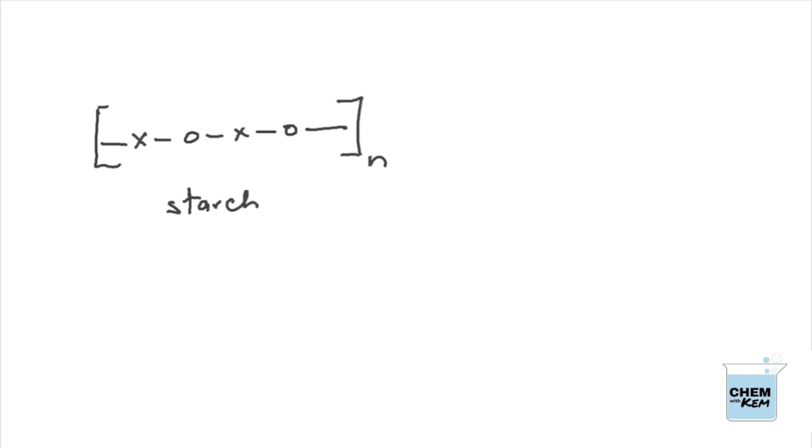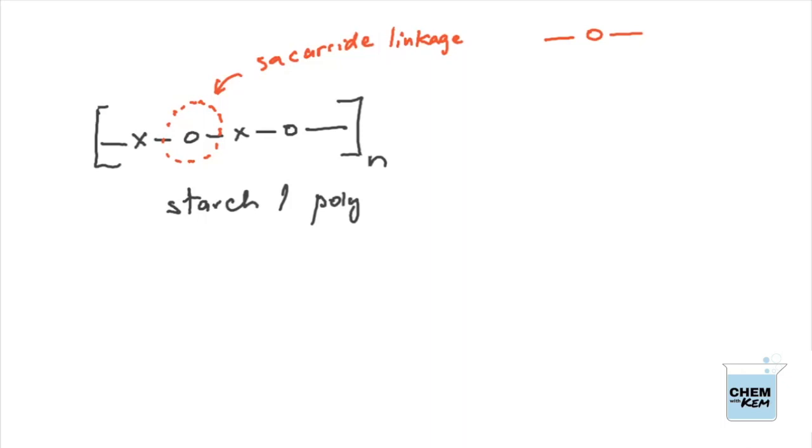In this case, it is a saccharide linkage. So we're going to circle it, and that's the saccharide linkage being represented right there. Okay, so this is our starch molecule, which is a polysaccharide. So we have many saccharide linkages within the structure, so we call it a polysaccharide.